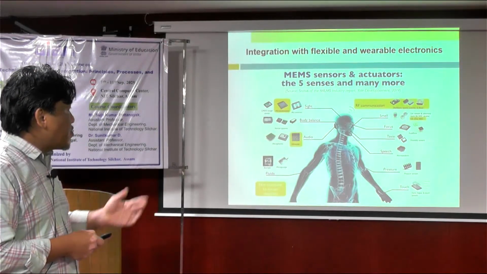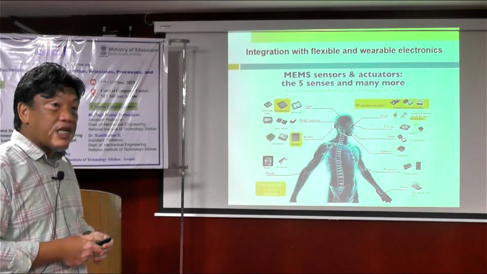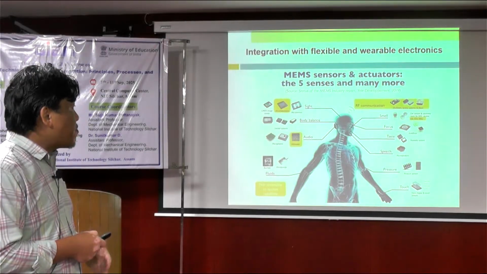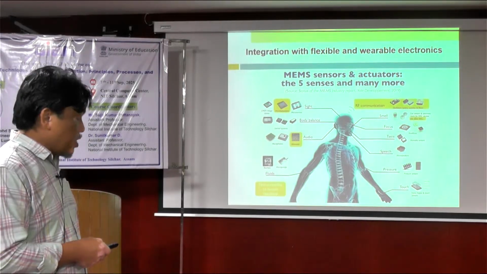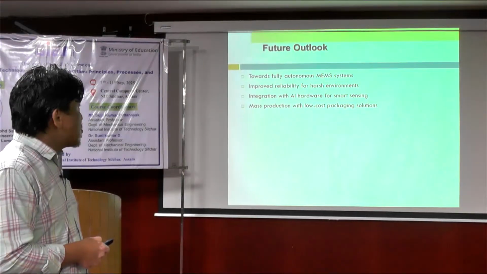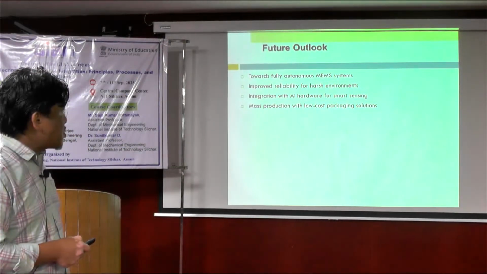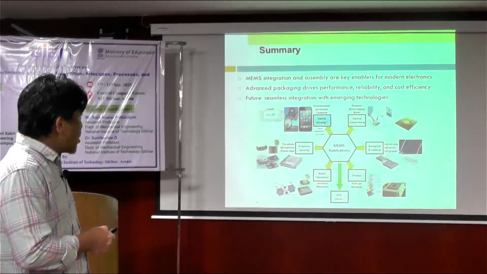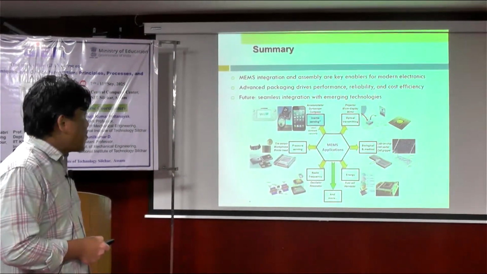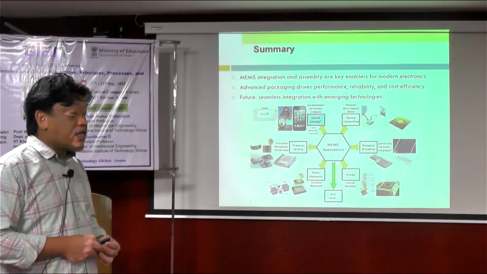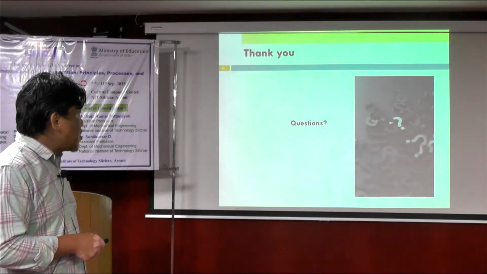Then it can be used in many sensors and actuator systems for micro positioning, for accelerometer, etc. So I think this is the future outlook of MEMS as shown. And in summary, MEMS are everywhere, basically, in many applications. Thank you.